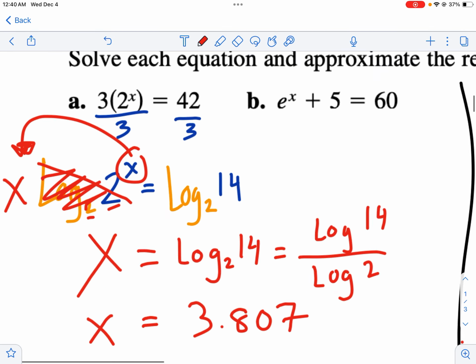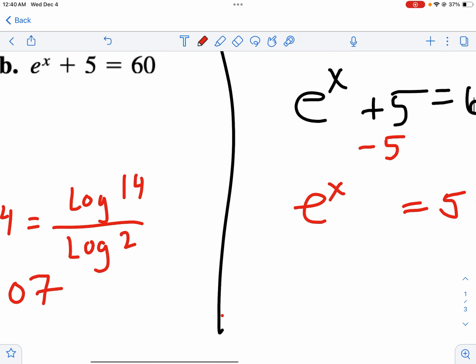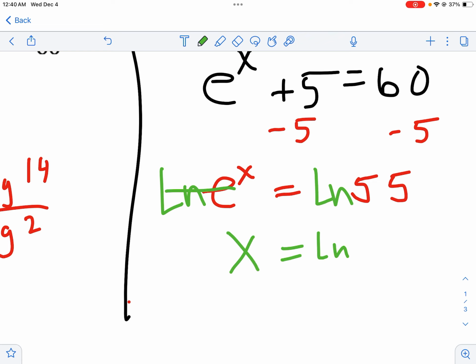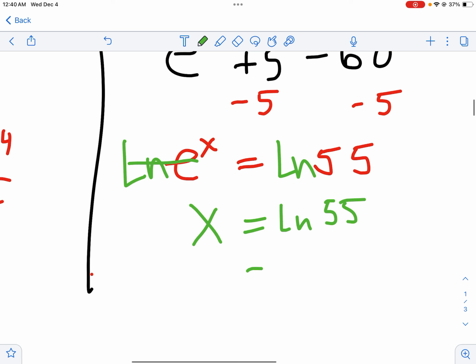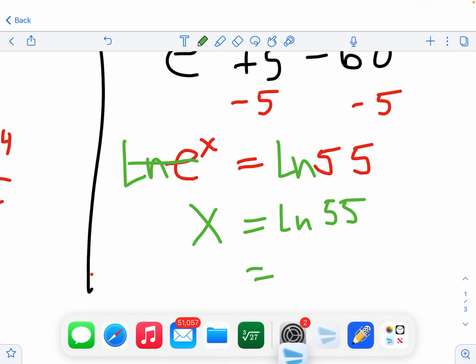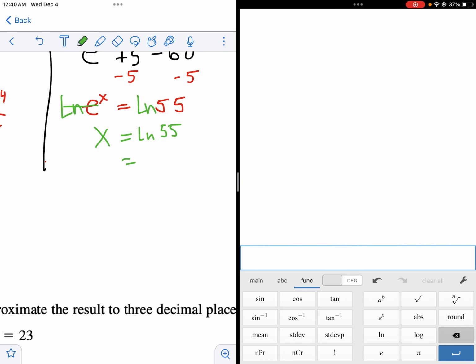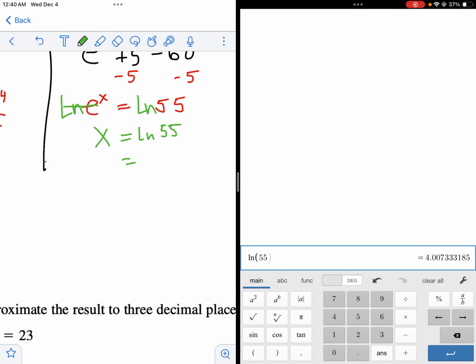So similar to here where I did a log base 2, I can do a log base e. But remember that a log base e, we call it the natural log. So you can do ln, or natural log, to both sides. And this will reduce to 1, so you have x equals the natural log of 55. Put that in a calculator. So I can do ln of 55, and I have 4.007.